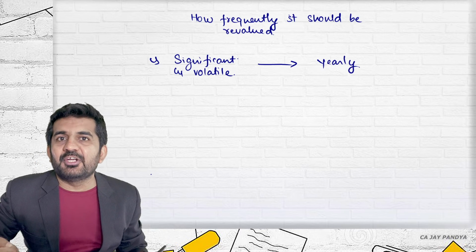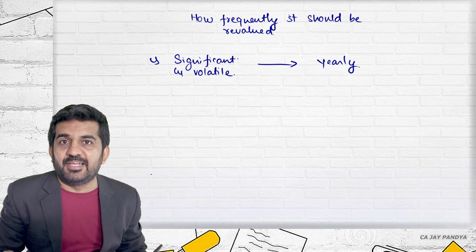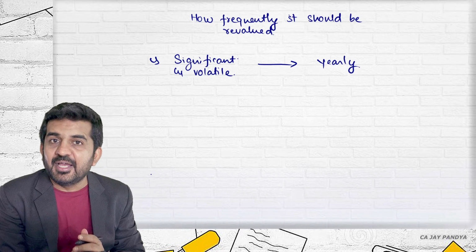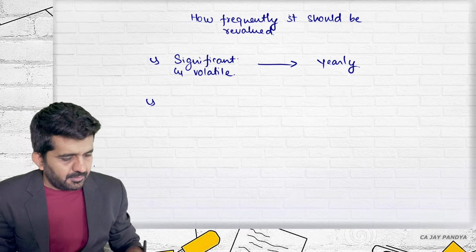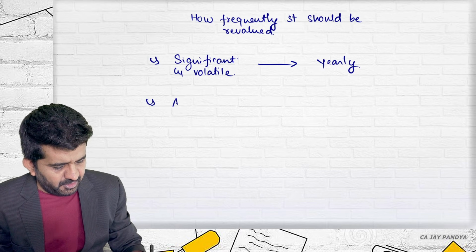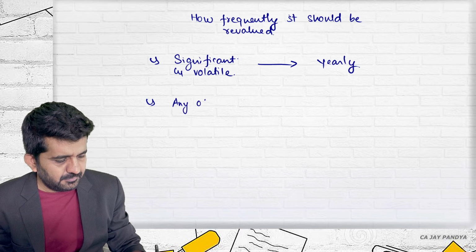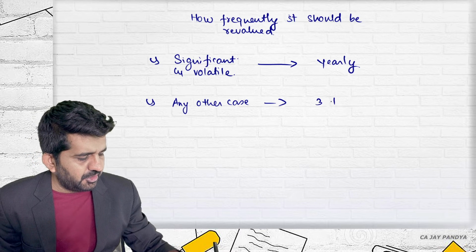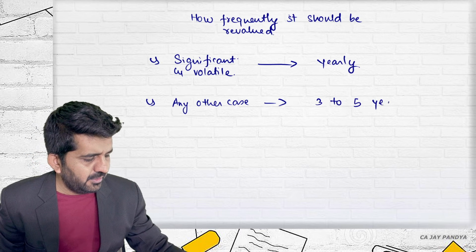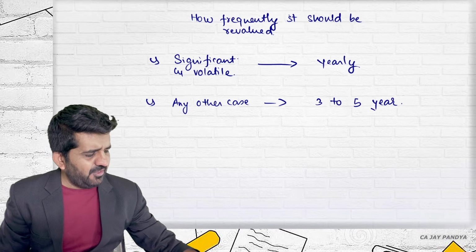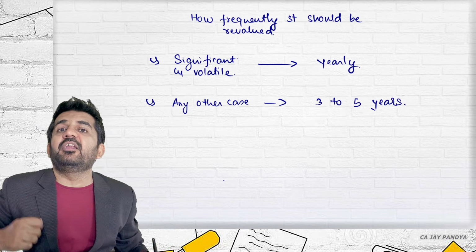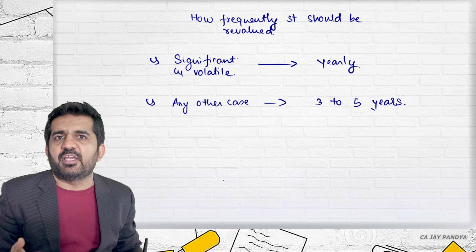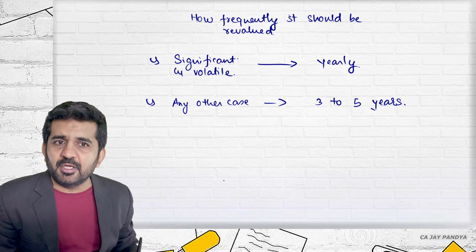So every year you will have to hire a professional valuer who will be valuing the assets. And in any other case, it should be 3 to 5 years. So you can wait for 3 years and then again revalue your asset, or wait for 5 years and again revalue your asset. That's it.